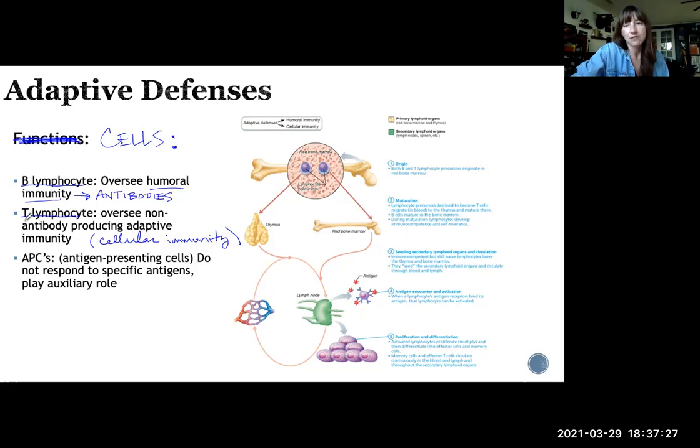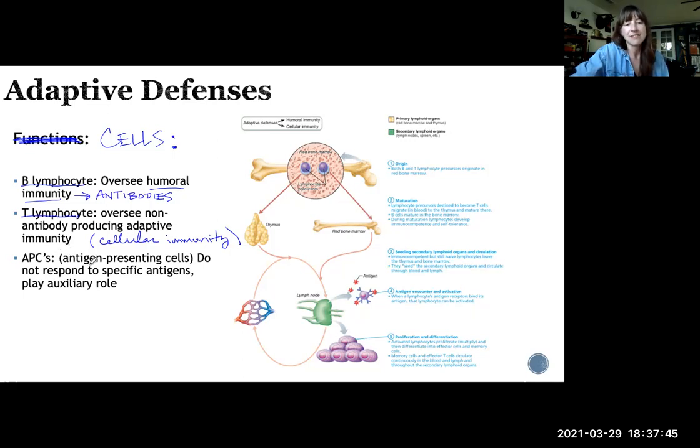If T lymphocytes were allowed to decide for themselves every single time what to and not to kill, you'd be more likely to end up with an autoimmune problem where you're attacking your own body cells.